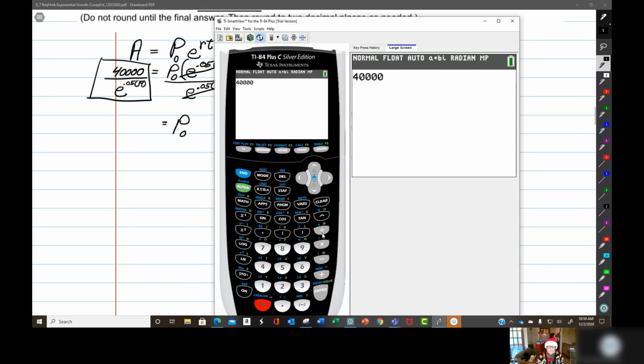Okay, 40,000 divided by second ln. That gives you e raised to a power. And so in the power place, I will hit 0.05 times 19.